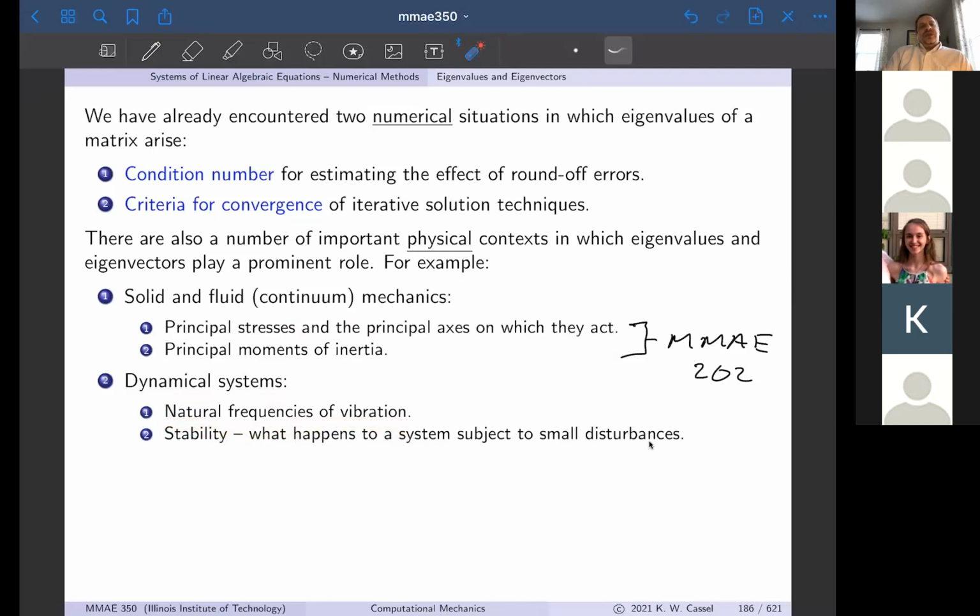We've all seen the opera singer singing at just the right pitch so that the frequency incites a natural frequency in a glass that then shatters. Or if you've seen the Tacoma Narrows bridge collapse from the early 1940s, there's a great video of that. If you haven't seen it, definitely look it up.